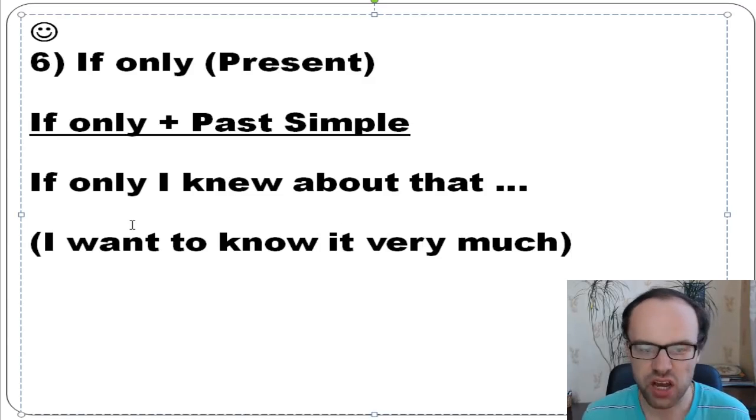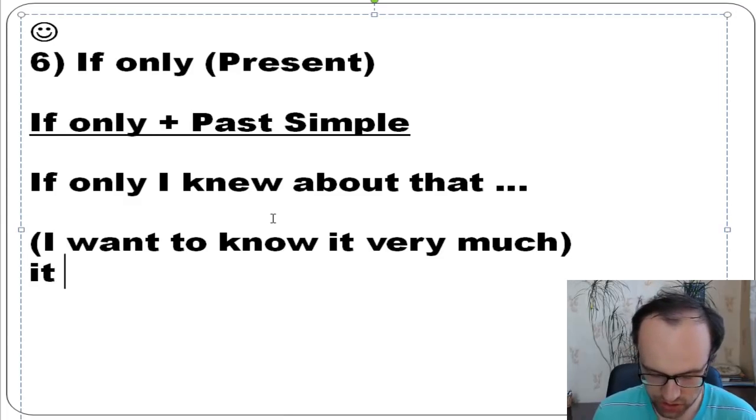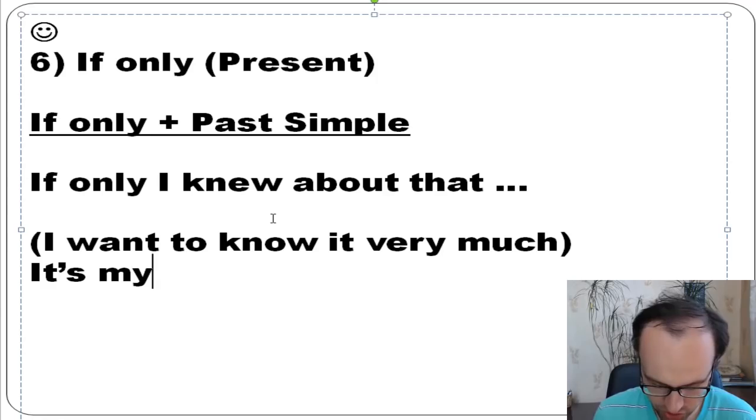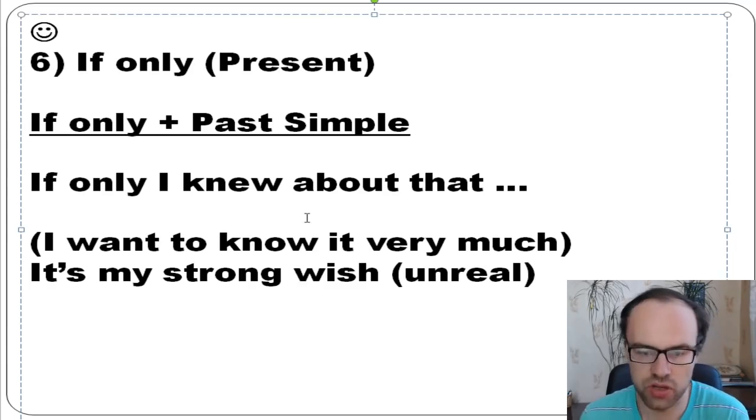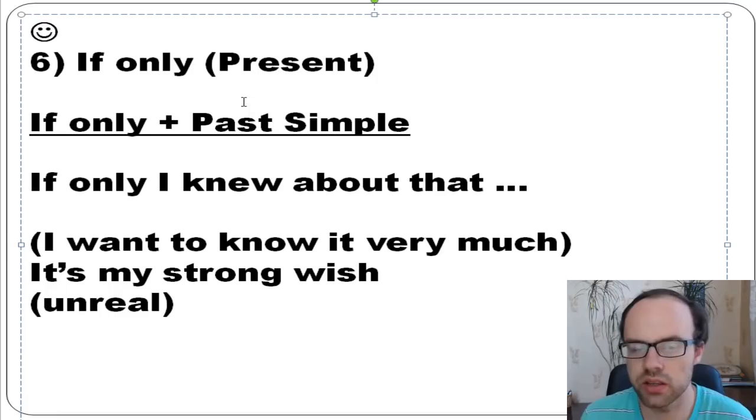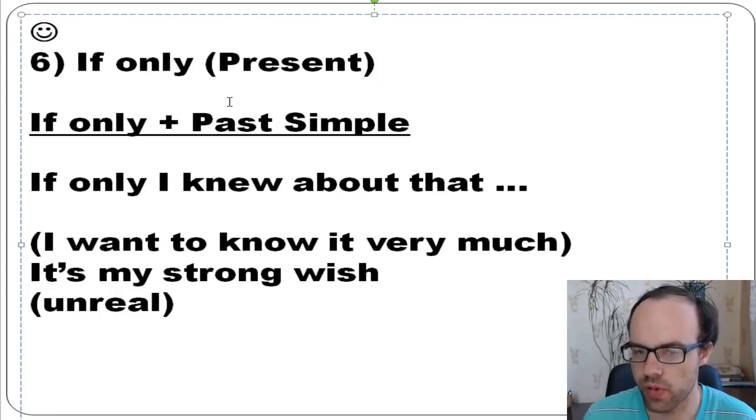If only. So it's my strong wish, but unreal. So it is unreal, and that's why we use past simple like in the second conditional.